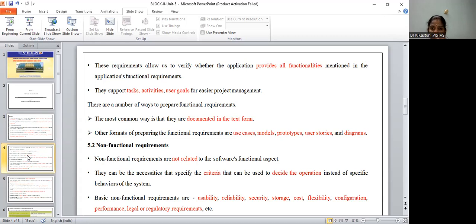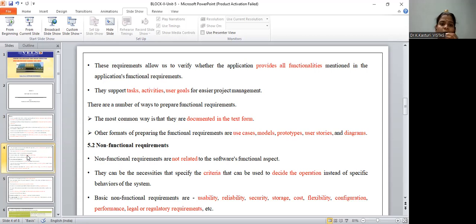A prototype is like a blueprint. Different types of diagrams can be used. And a use case model can also be depicted by using UML diagrams. The functional requirements can also be depicted using these types, apart from the text format.